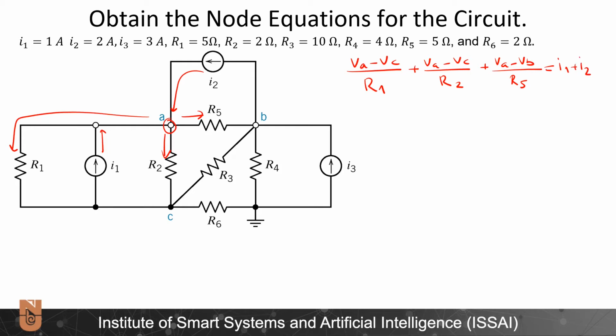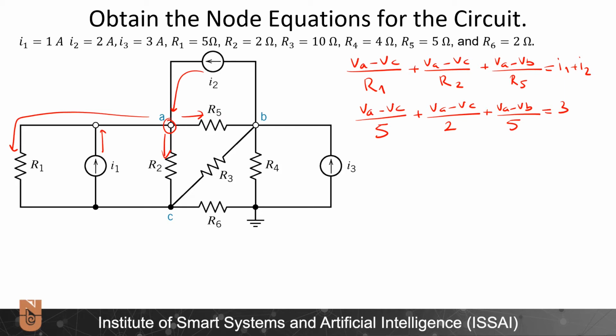Let us plug in the numbers. We have VA minus VC over R1. VA minus VC over 5 plus VA minus VC over 2 plus VA minus VB divided by 5 is equal to I1 is 1 and I2 is equal to 2, which is equal to 3.